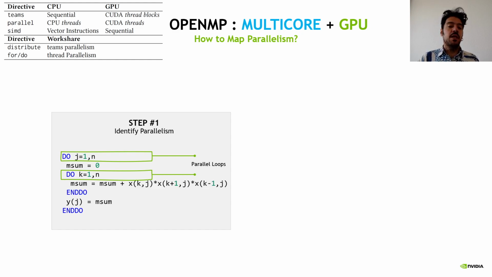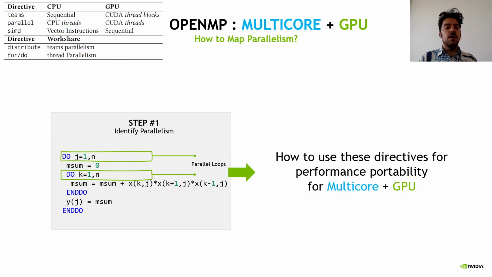Here I am displaying a table in the upper left corner. It shows parallelism mappings of the OpenMP accelerator model's directives. For teams, you can think that it enables CUDA thread blocks. For parallel, it enables threads on the CPU and GPU. And for SIMD, it enables vectorization.